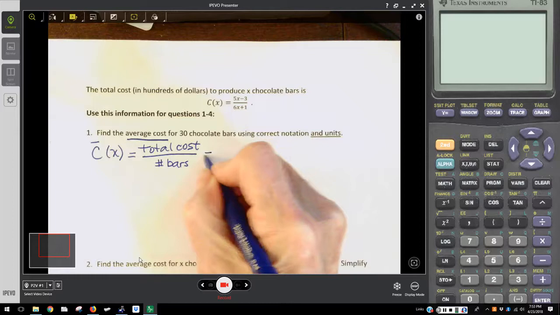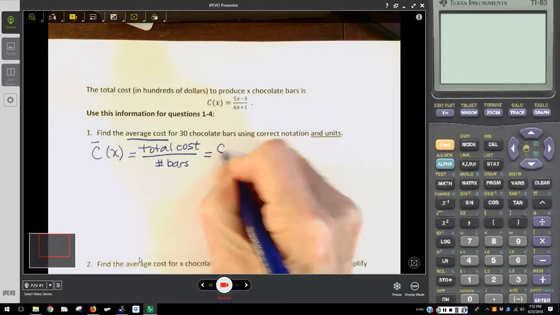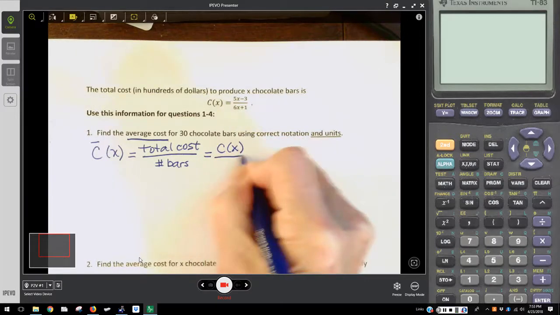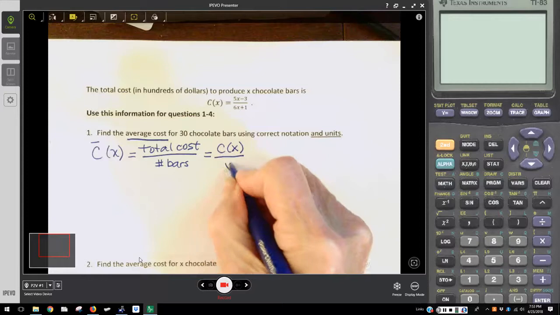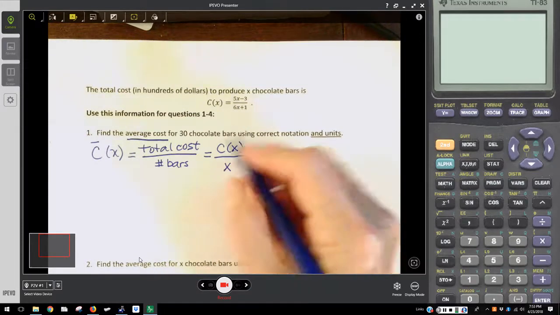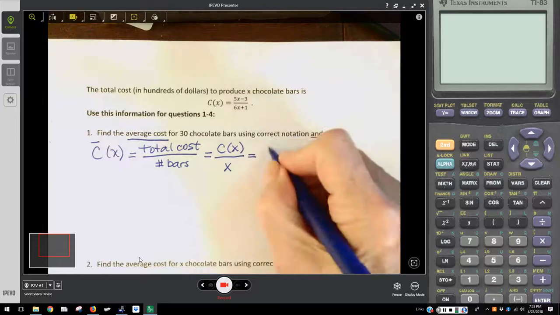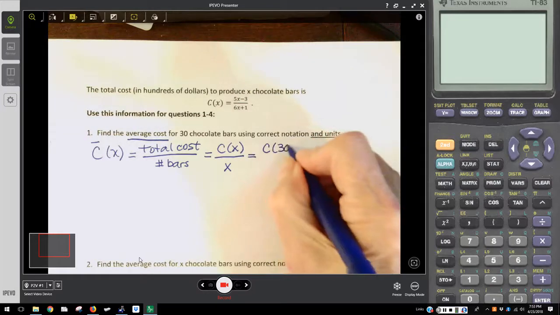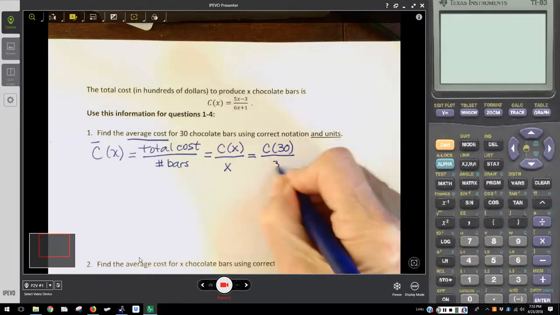Which means in this case, it is C of x, which is the total cost, divided by x chocolate bars. And since we're talking about the average cost for 30 bars, that's the cost of 30 bars divided by 30.